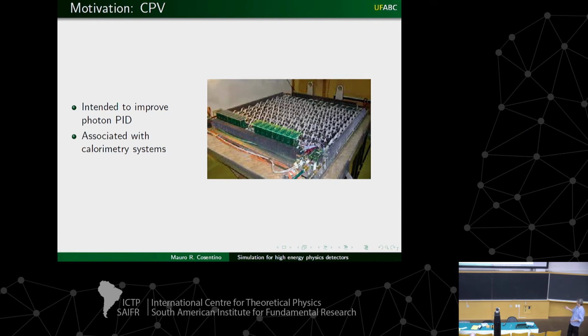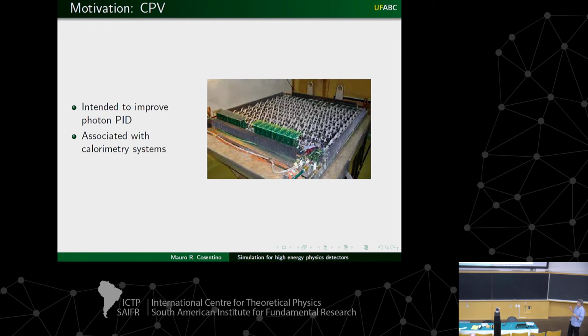Of course, if you have a detector like ALICE, or a detector like CMS, where you have a tracking system in front of it, this is not very important. But this is the CPV from the ALICE experiment for the PHOS experiment, which is a smaller size calorimeter with higher energy resolution.